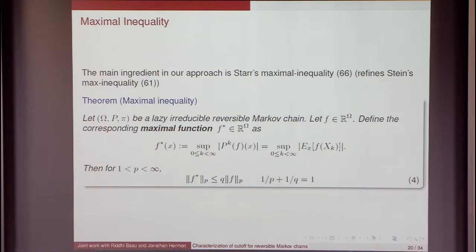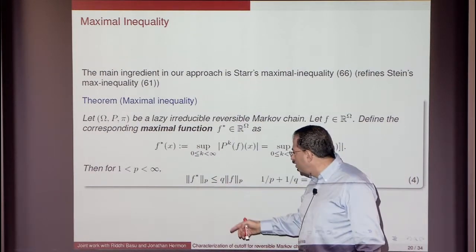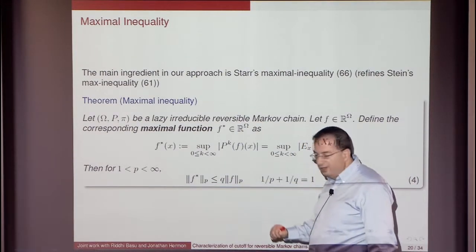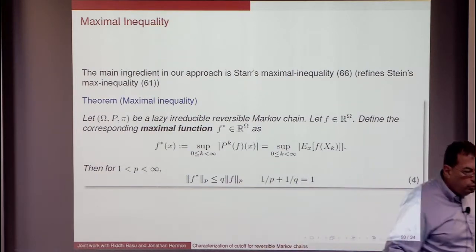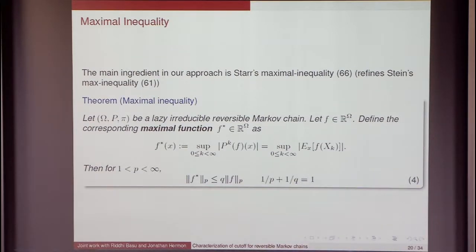In this work, we just need to take p equals 2, but in other places, we need p more subtle. For p equals 2, what this means is the L2 norm of this maximal function is just bounded by twice the L2 norm of the original function f. It's quite remarkable.